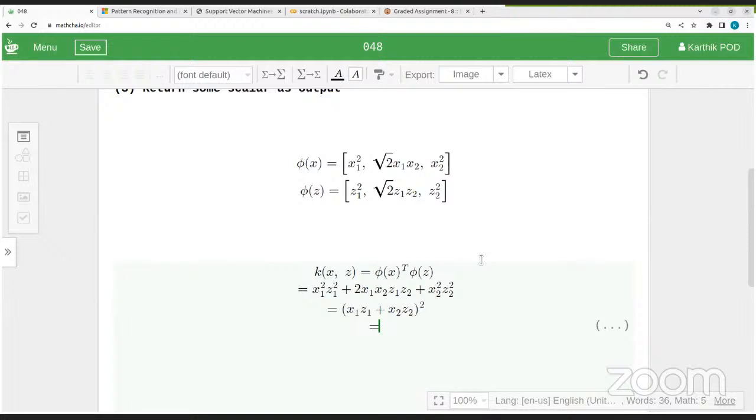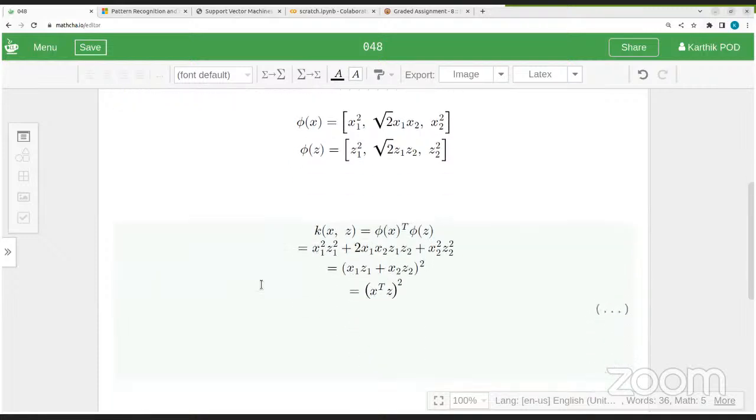Okay, so what I am suggesting as the kernel is this function. Internally, this is nothing but x transpose z, the whole square. Now compare it with the 4 steps that I wrote.